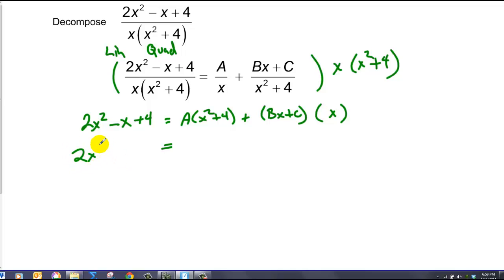Cleaning that up, I get ax squared plus 4a plus bx squared plus cx. Grouping these.